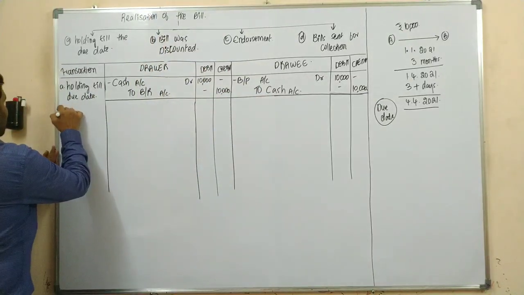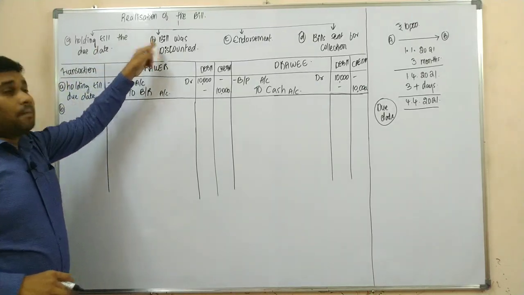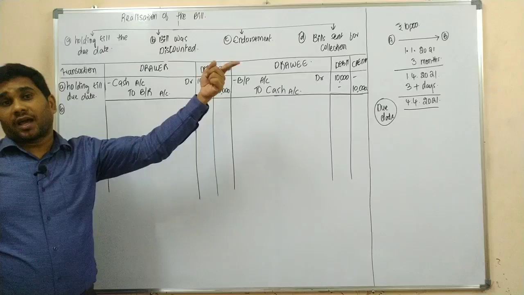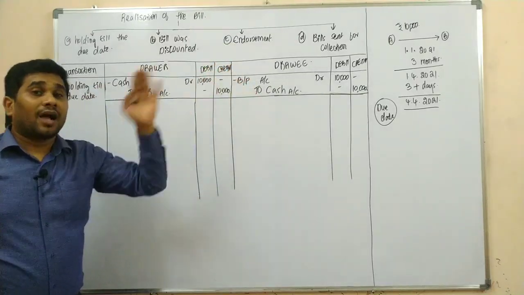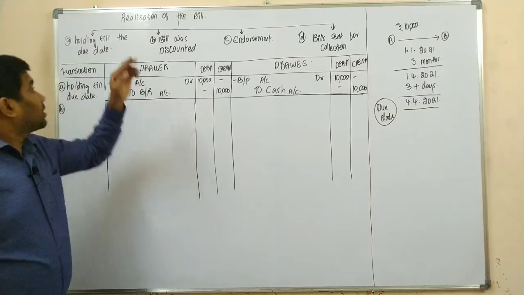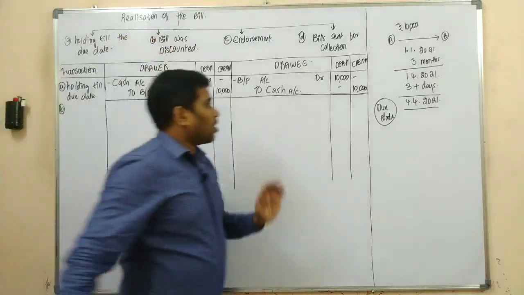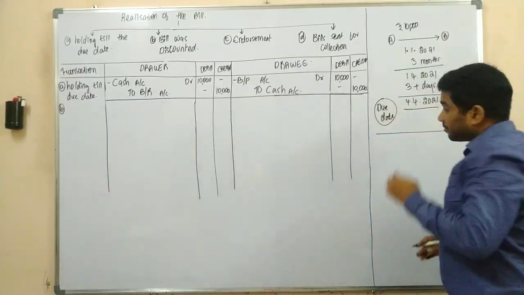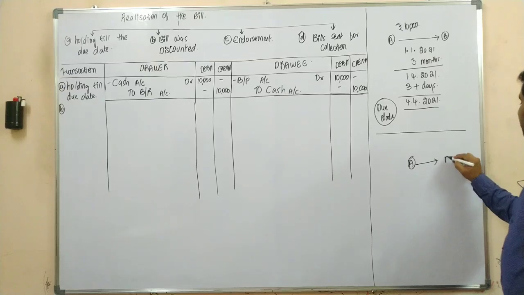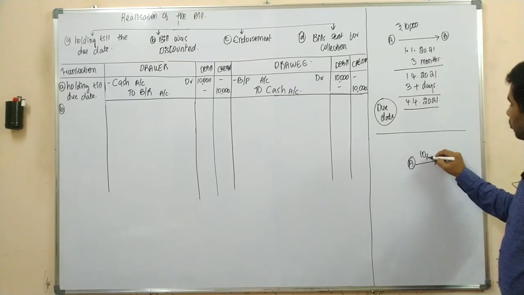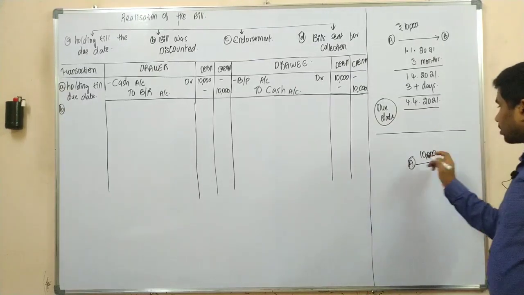Next one. Your next option would be the bill was discounted with the banker and the amount was paid on the due date. So let us understand with a simple example. Let's say we have Mr. A and Mr. B. So he sold goods worth rupees 10,000 and he raised a bill of 10,000 rupees.